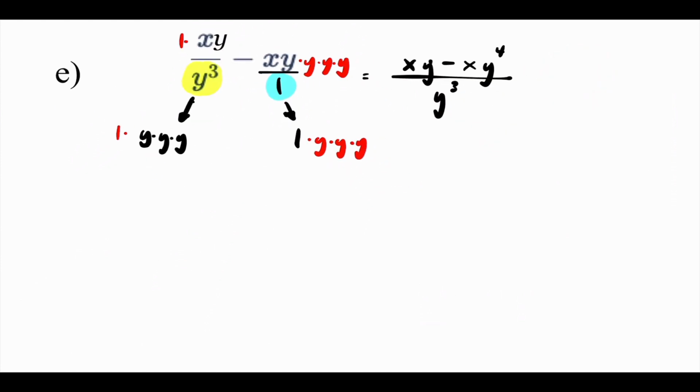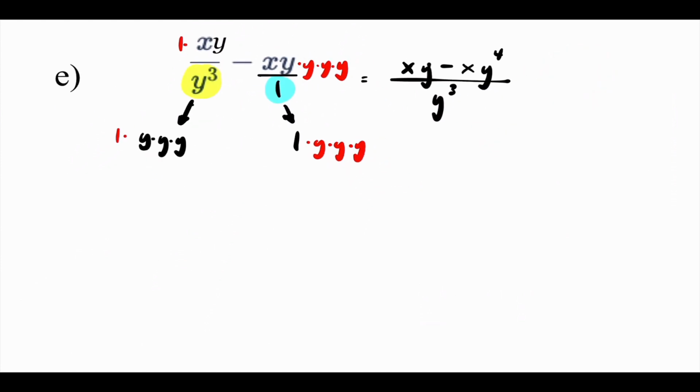So this is when we need to do the last step. So how do we do it? This is how you do it. Right now, the top is a binomial. What does the top have in common? A y. So I'm going to factor out a y. GCF. Y is the GCF.